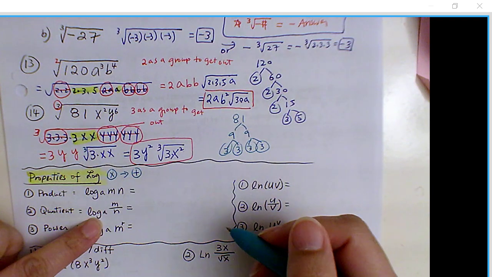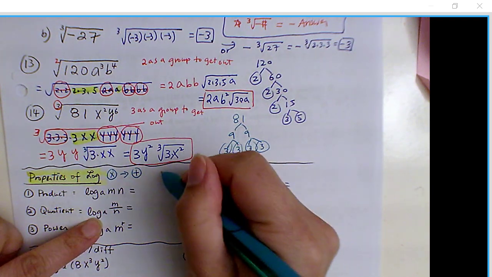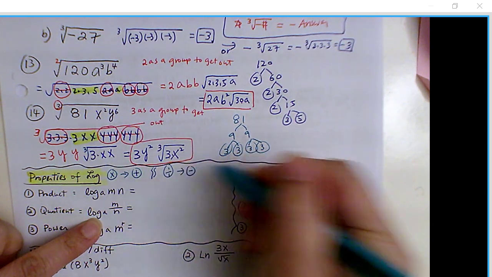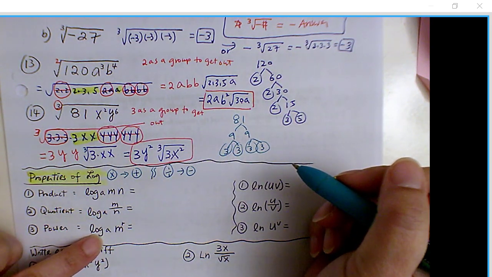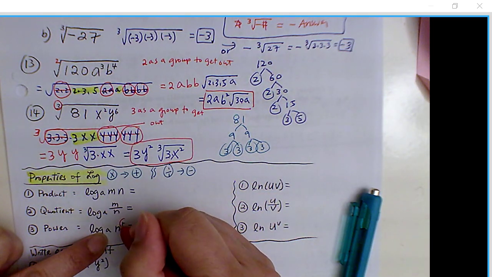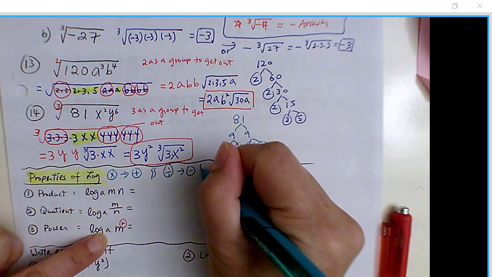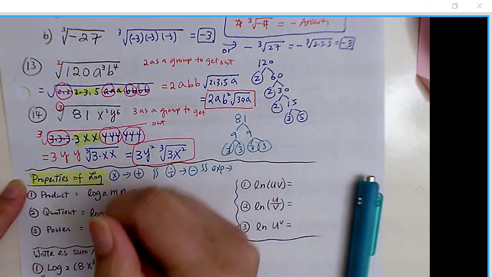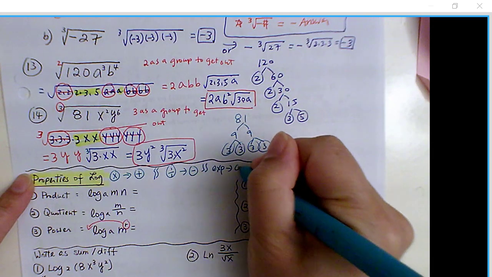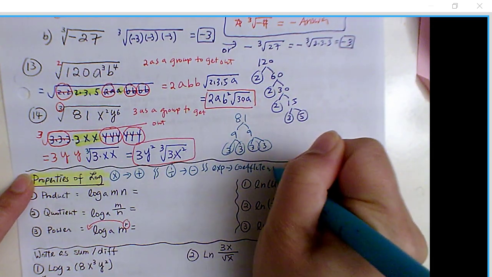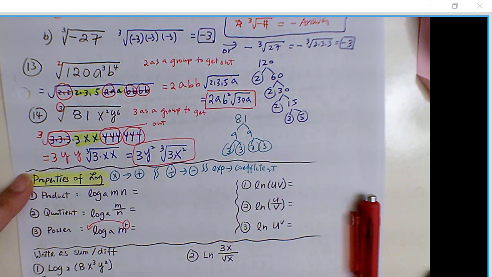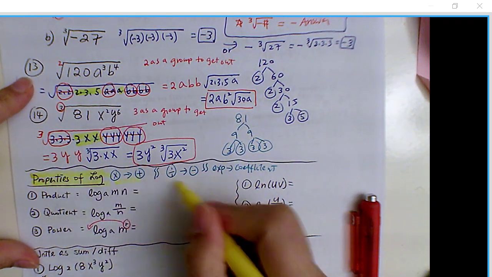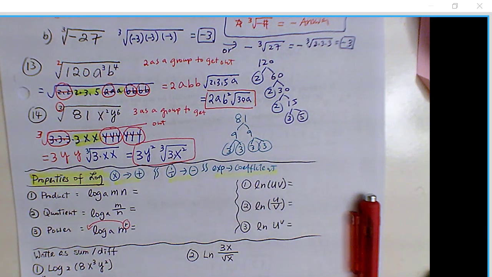When you see same base dividing, we are going to break them as subtraction, just like the exponent rule. And if you see an exponent here, it's going to turn into a coefficient, go to the front, like here. So addition turn into multiplication, division turn into subtraction, exponents turn into coefficients.